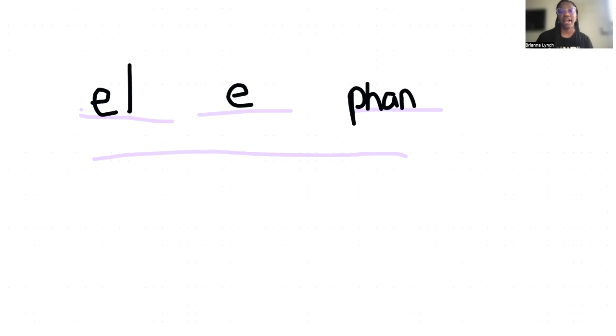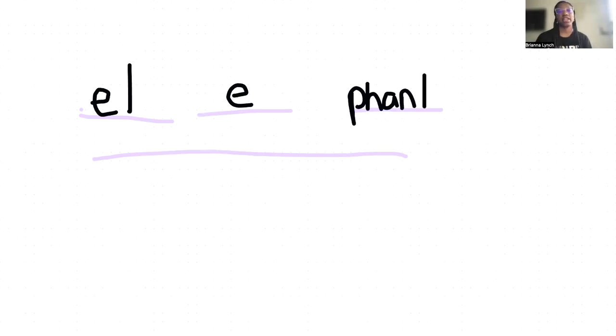So let's do our L. What makes that L sound? Remember, when E and L are beside each other, they go L. And then we hear that open syllable E. And then we hear fent. And that glue sound. Elephant, right?